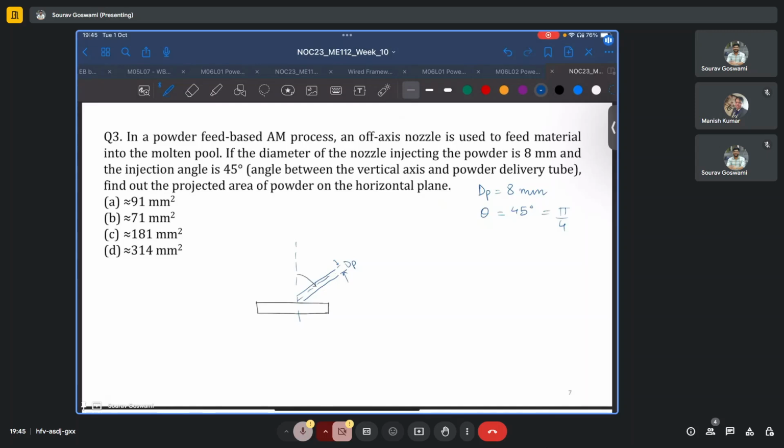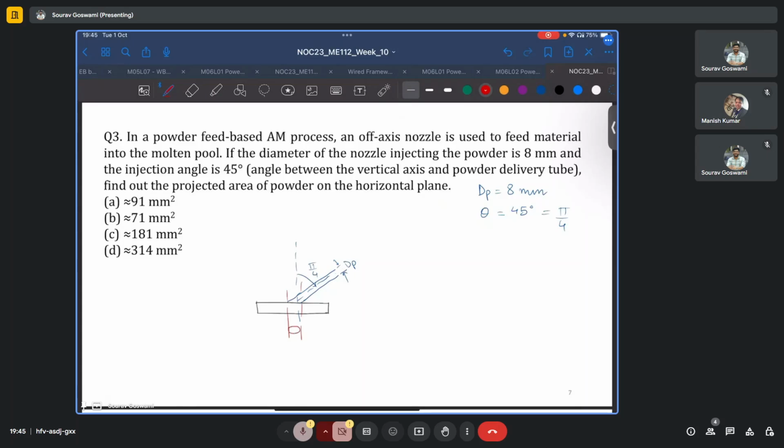This angle is given to us as pi by 4. And as we saw during class, while the powder stream itself may have a circular cross section, because of the relative angle between the substrate and the powder stream, its projection onto the substrate will be elliptical.